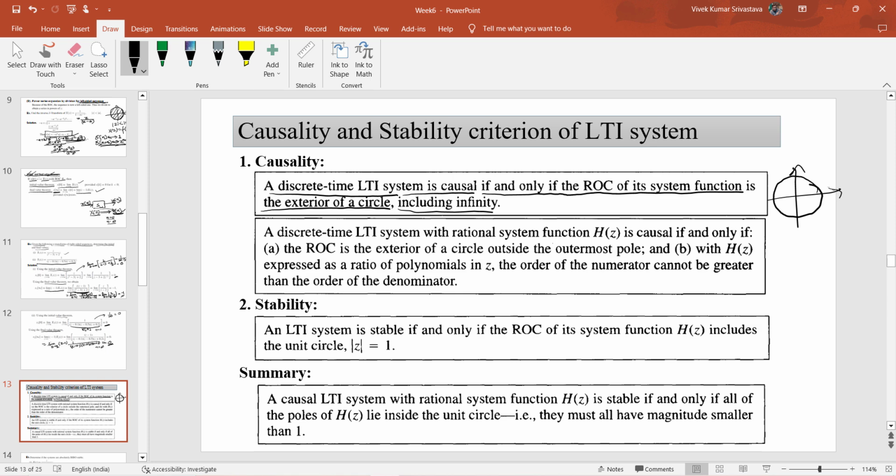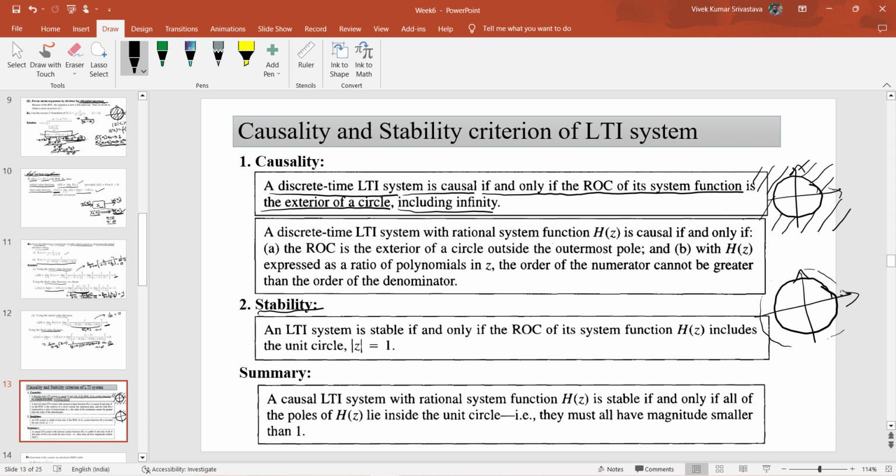Okay, and if the ROC is outside this circle, then this will be a causal system. Whereas for stability, we have to check whether this ROC contains the unit circle or not.